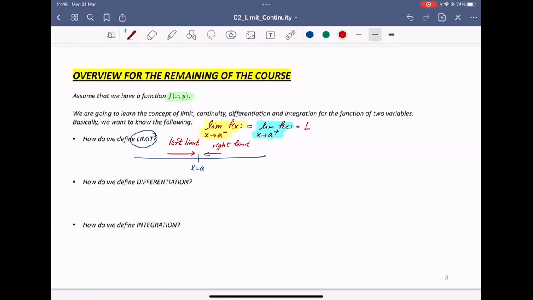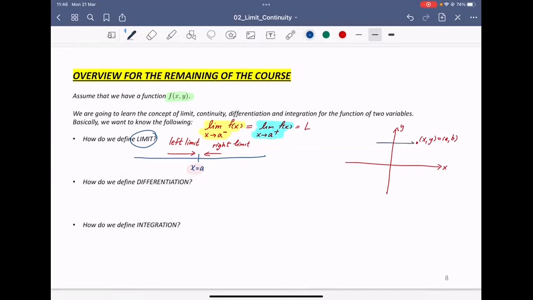You can see how hard it is in 2 dimensions. Let's suppose that you have x and y here. The point is not going to be x equal to a; it's going to be (x,y) equal to (a,b). Wow. How would you do it?